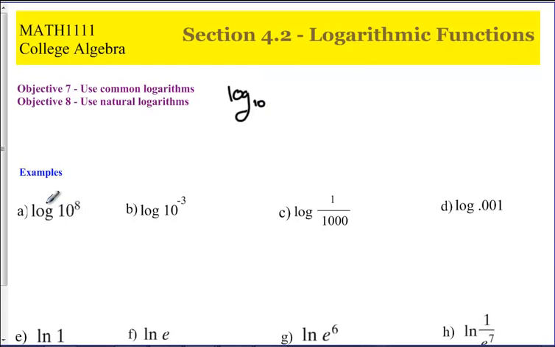So for this first one, if I tell you that's the same thing as log base 10 of 10 to the 8th power, what's our answer? Yeah, just 8. Because we're thinking 10 to what power gives you 10 to the 8th.